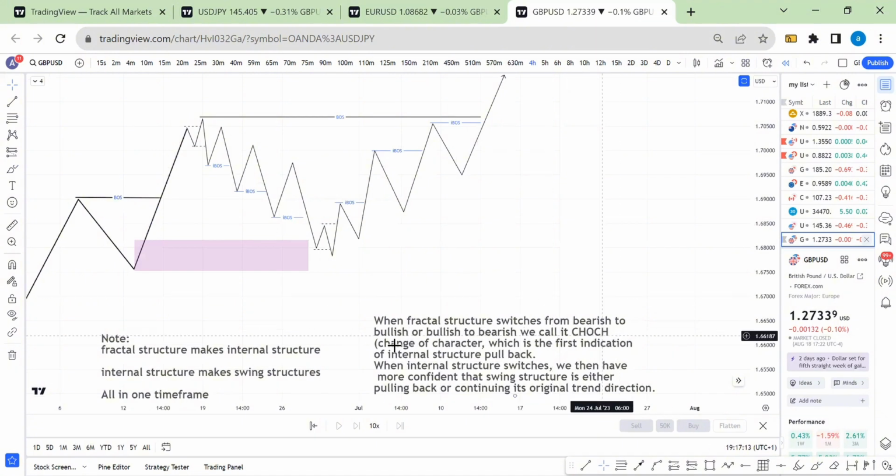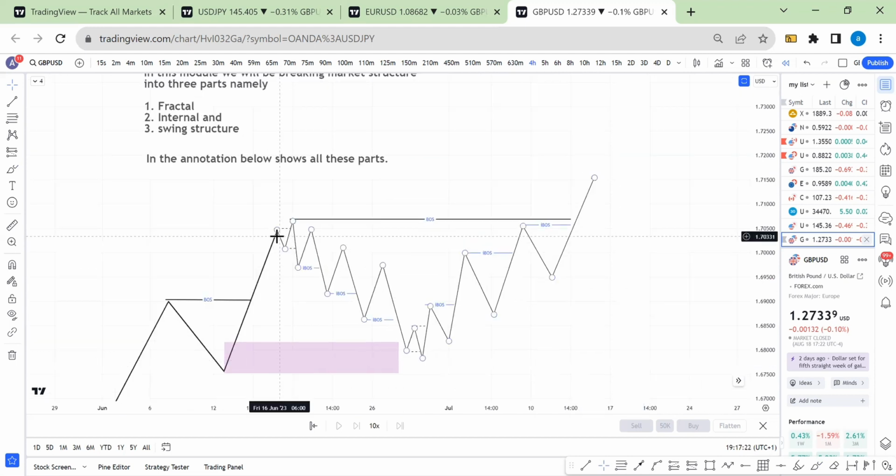That's change of character, which is the first indication of internal structure pullback. The first weakness we see, immediately the structure is broken, is when swing structure is broken. On the other hand, immediately the previous higher high is broken, is what we call fractal pullback.